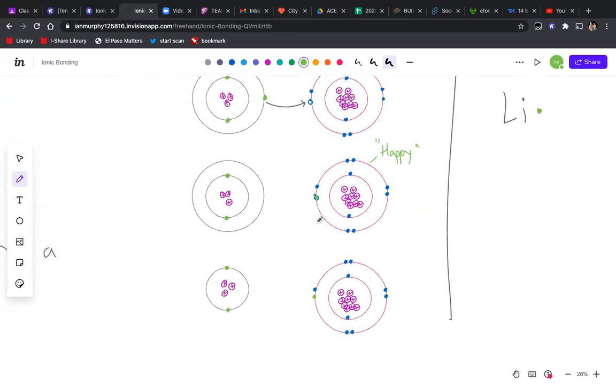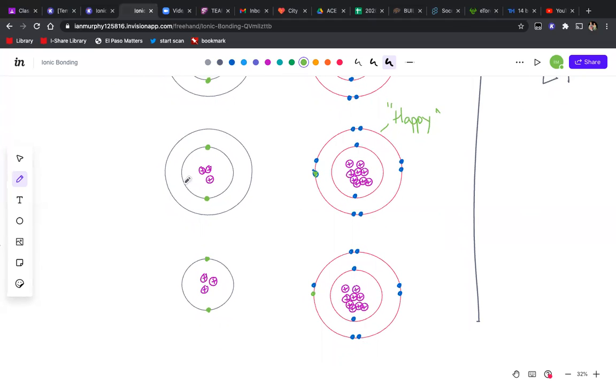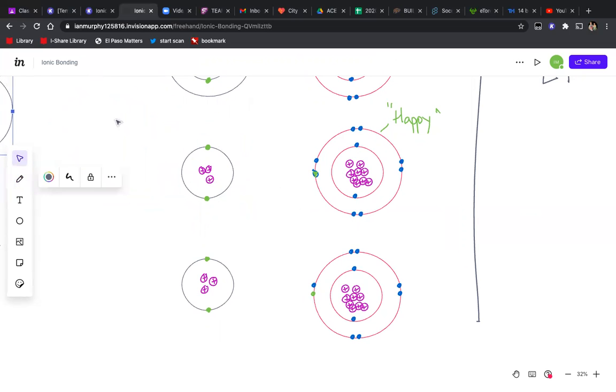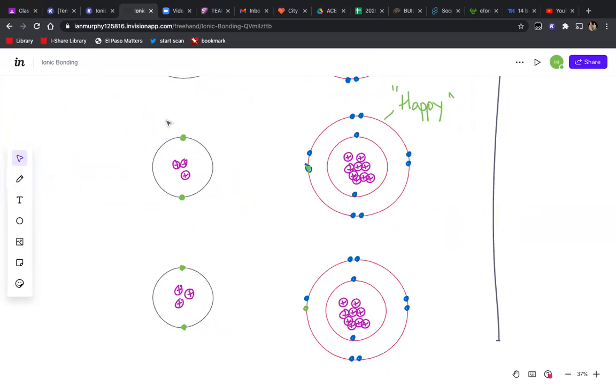What about lithium? Well, lithium now has an empty second shell. What used to be the valence shell is now empty. So what's going to happen? Well, basically, this shell goes bye-bye. Theoretically, it's still there, but it doesn't have any electrons occupying it, right?